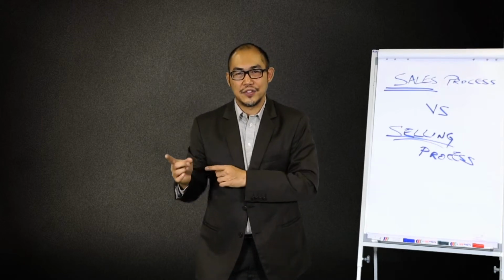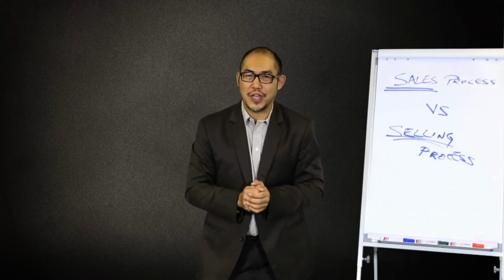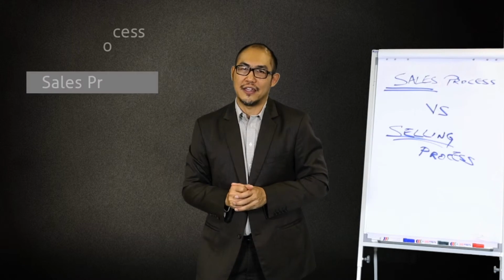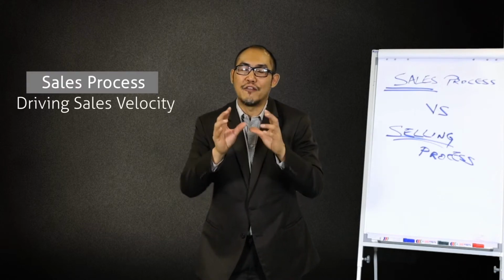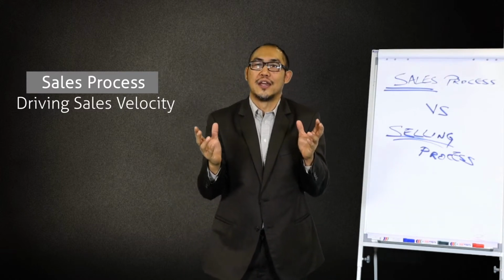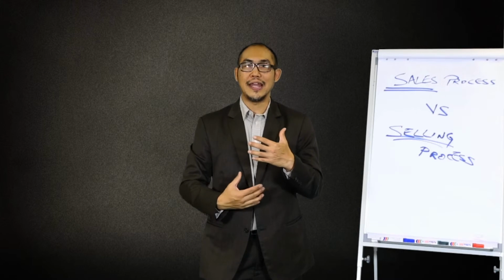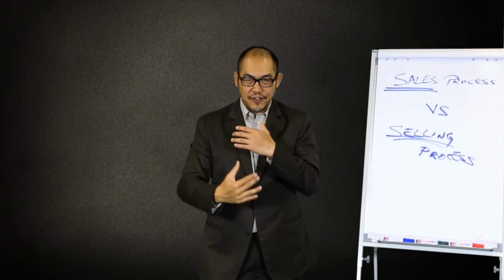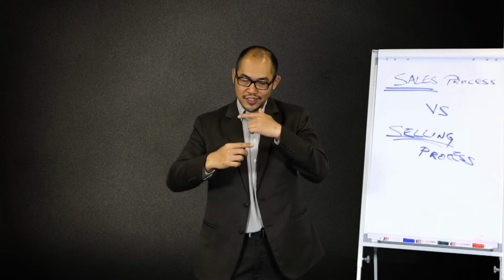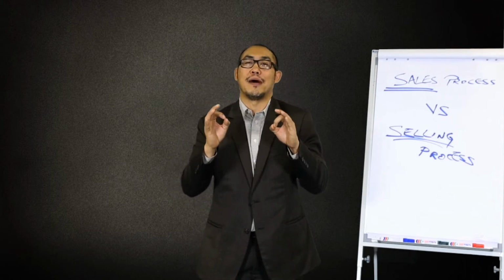So, science versus art. The last point: the objective. The sales process objective is to drive velocity. Velocity is a term we use in physics to talk about speed, about cycles, from start to finish, the whole cyclical approach. The business process is about velocity.